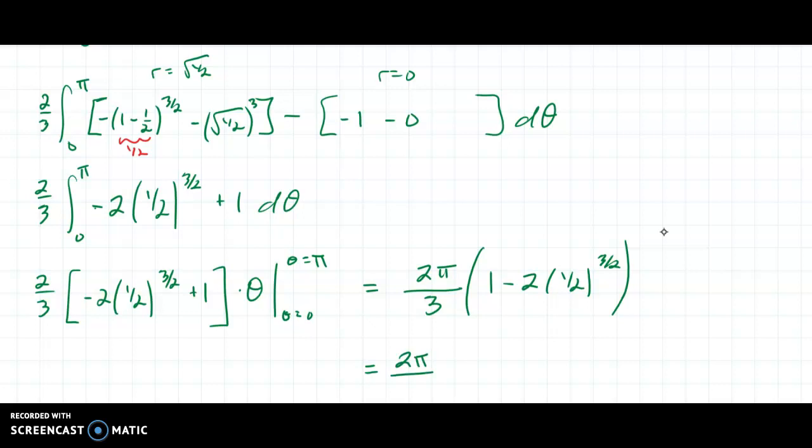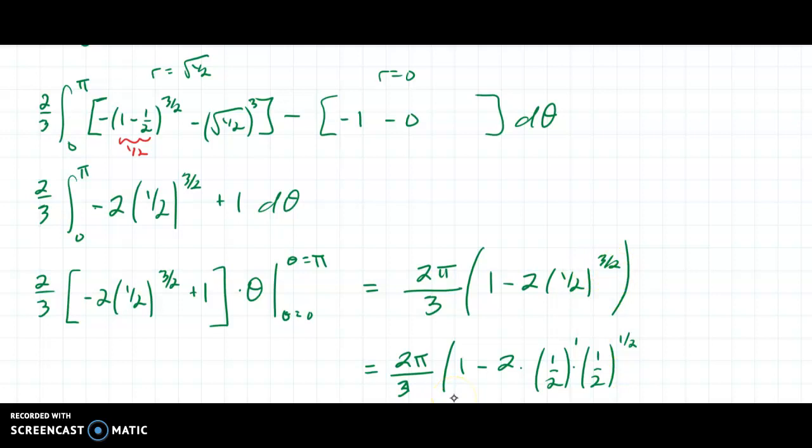I could write this as 2 pi over 3 times 1 minus. All right, the 3/2 power is really minus 2 times the 1/2 times 1/2 to the 1/2, right? And what is this? This has a total power of 1 plus 1/2, which is 3 over 2.